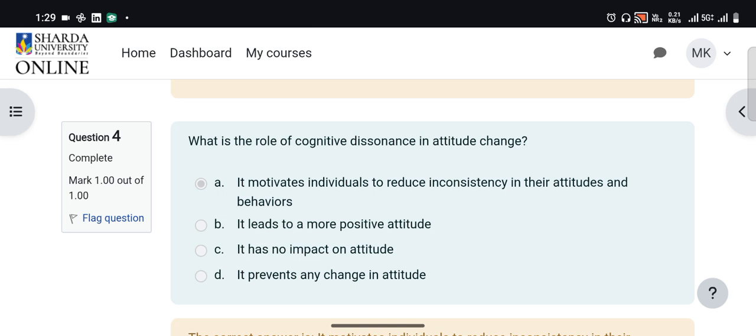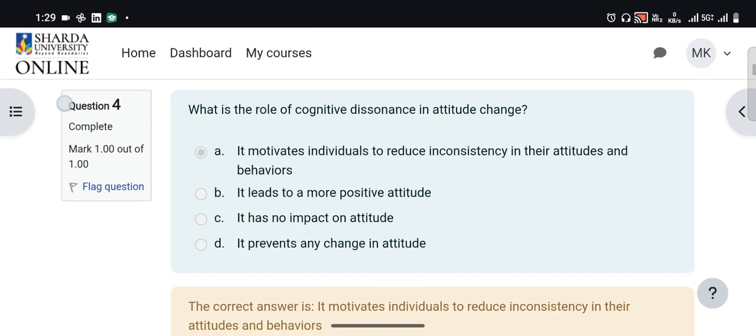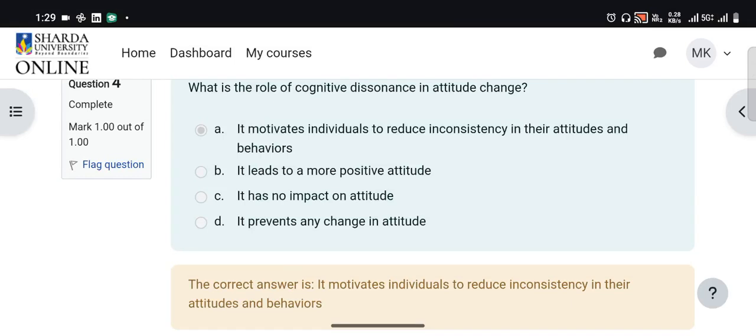Option C, it has no impact on attitude. Option D, it prevents any changes in attitude. The correct answer is it motivates individuals to reduce inconsistency in their attitudes and behaviors.